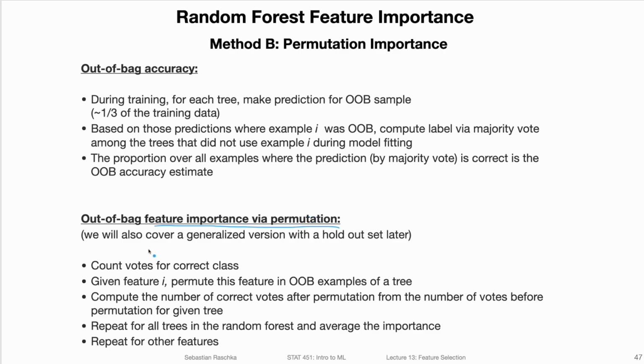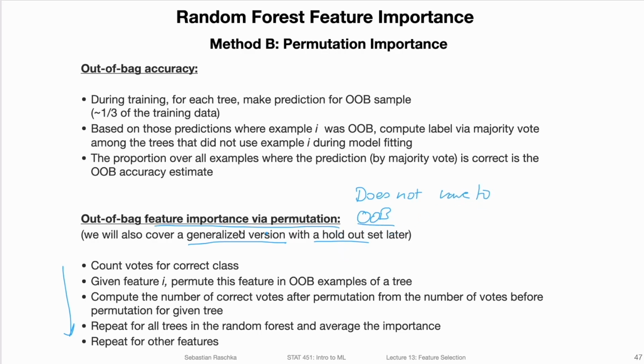One thing about this is that it is a very specific version for the random forest, where I talk about trees. But in a later video, I will also talk about a generalized version using a separate holdout set that does not have to be the OOB dataset.